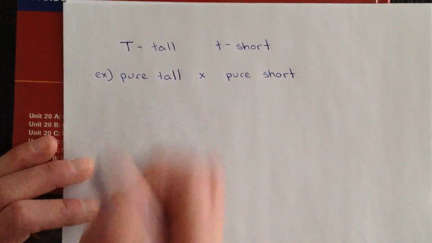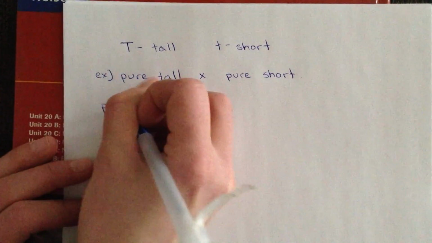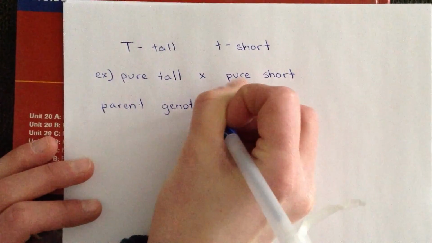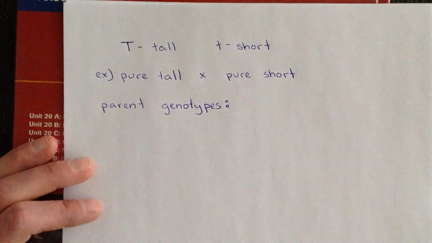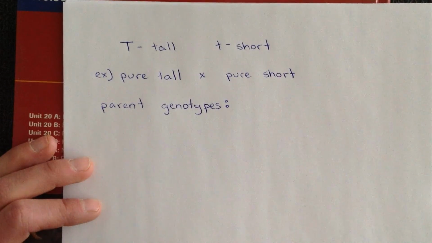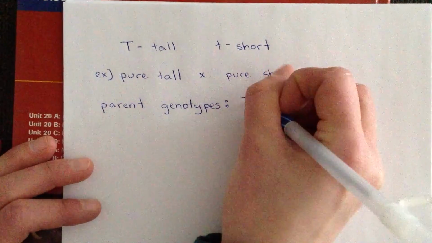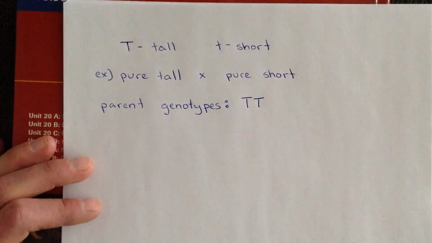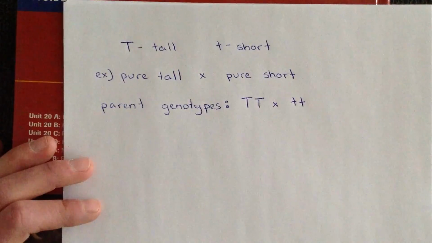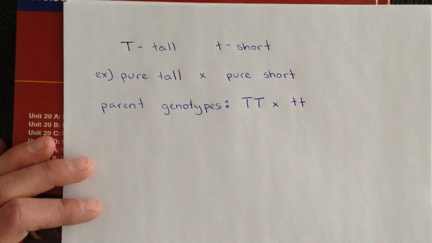If we look at the parent genotypes, genotype just simply means what the actual combination of those alleles is. So whenever we look at the parental genotypes here, big T is for our tall parent times little t for our short parent.